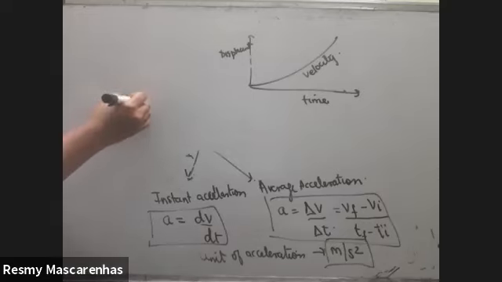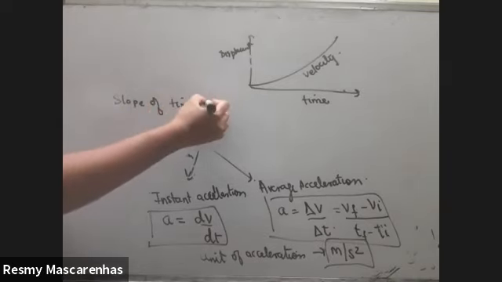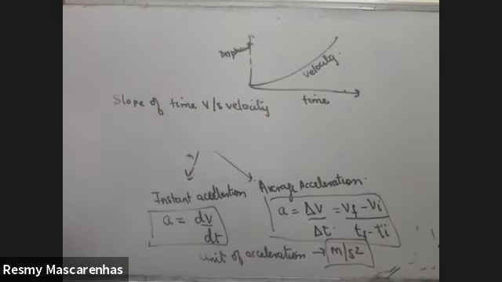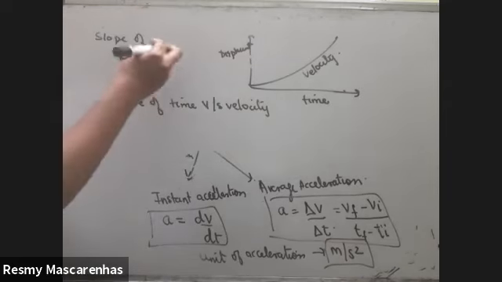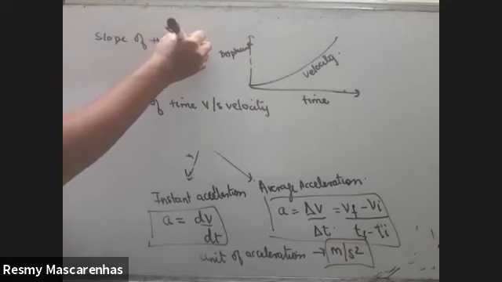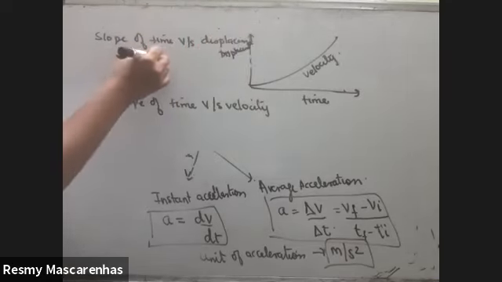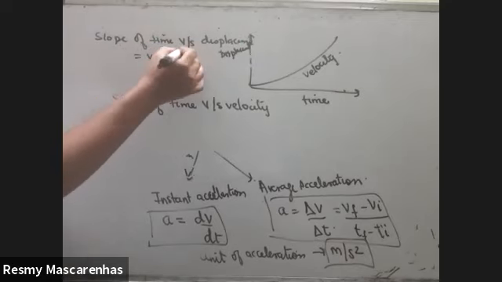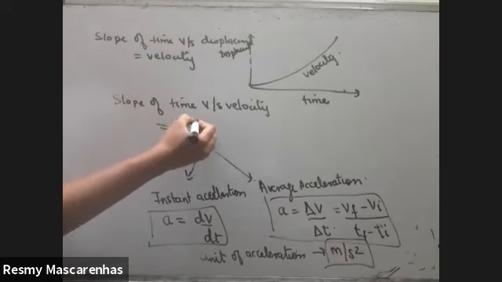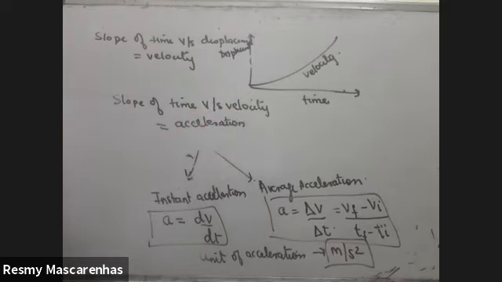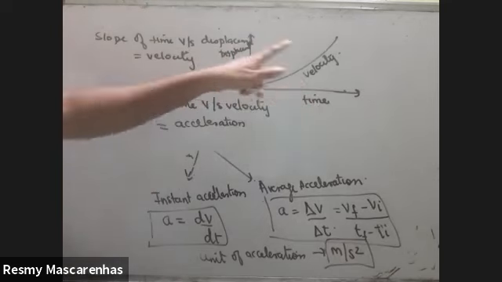Now what will be the slope of time versus velocity? This is the slope of time versus displacement, also called position, I told you. This is called velocity, and this will be called acceleration. When your distance is changing with time, that's why this is velocity.